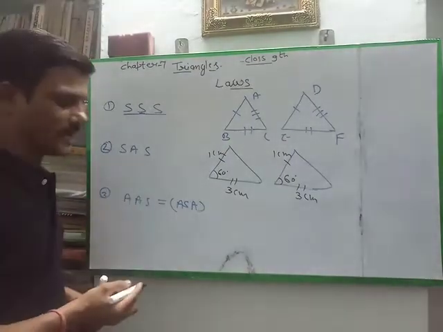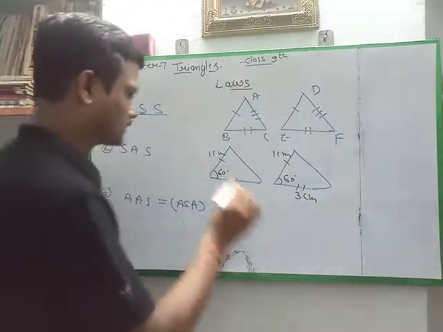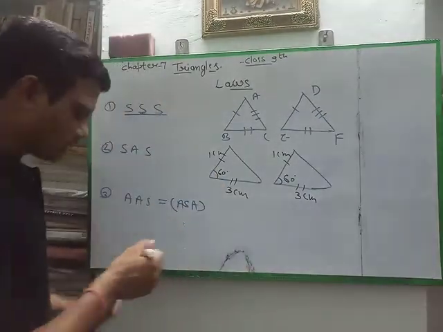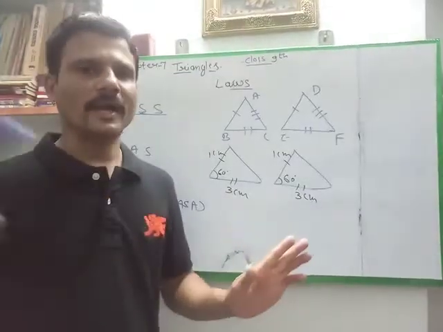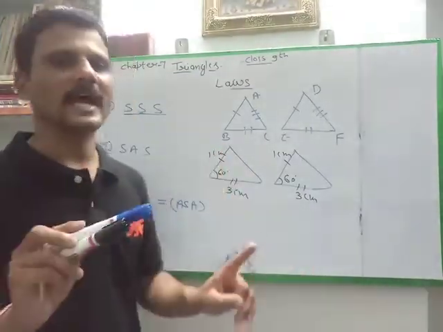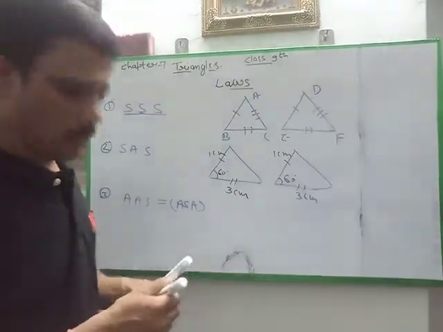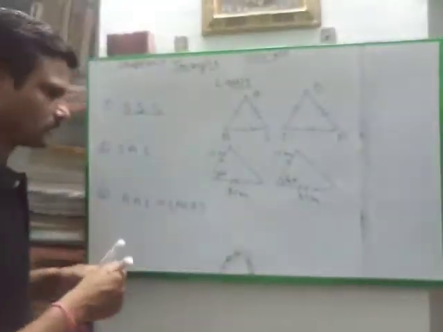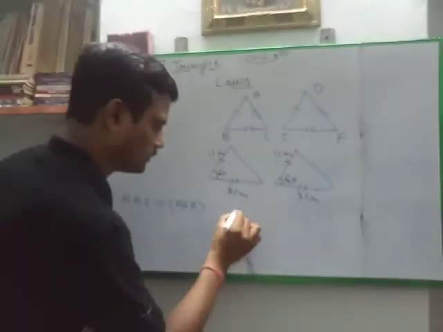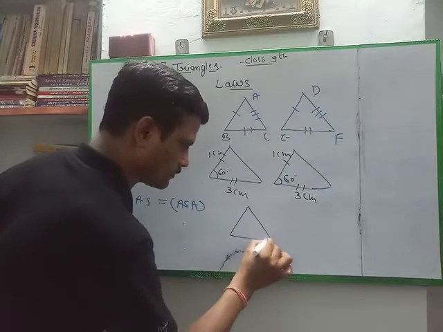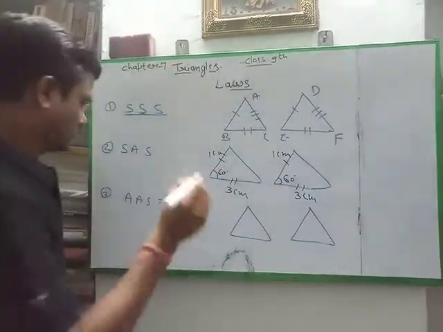The other law, ASA or AAS. What is the ASA law? If in two triangles any two angles and one side are the same, then we can say the triangles are congruent. Suppose these are two triangles.